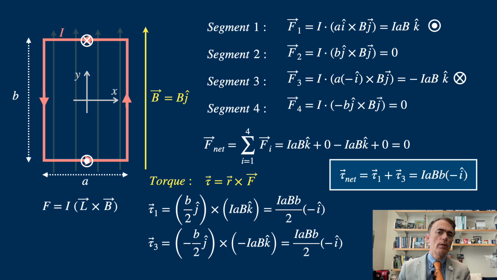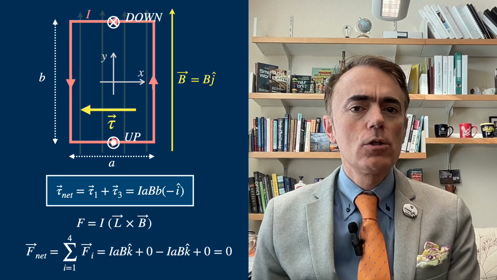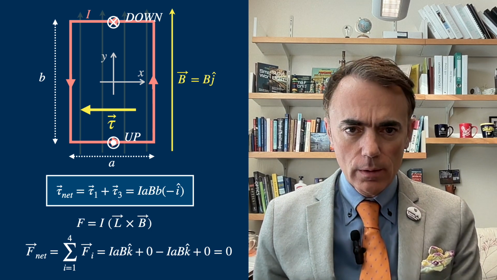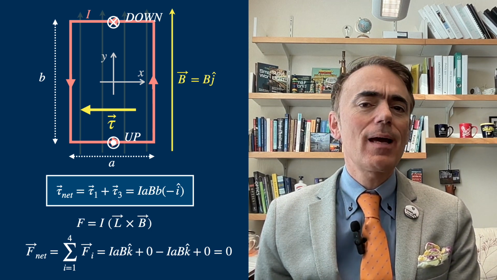The total torque on this loop is the sum of torque 1 plus torque 3, so the net torque is I a b B in the minus i hat direction. So the loop experiences a torque of magnitude I a b B directed along the minus x-axis.